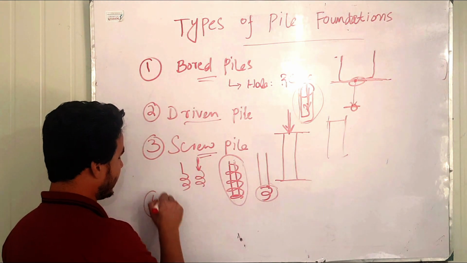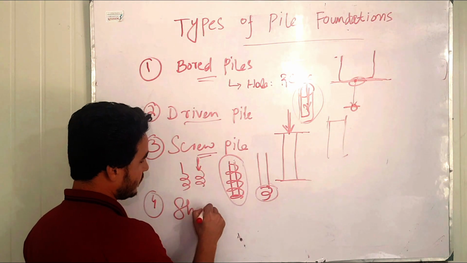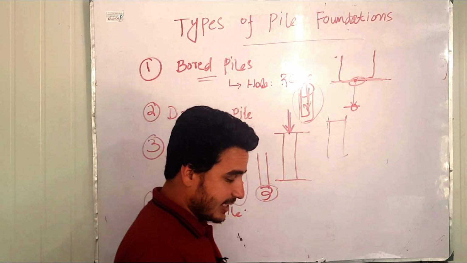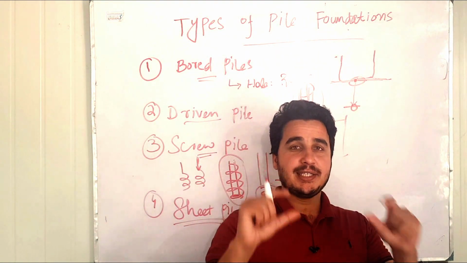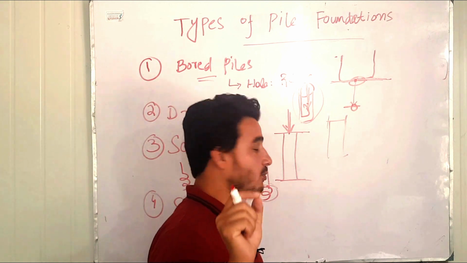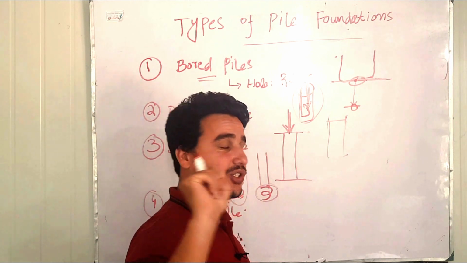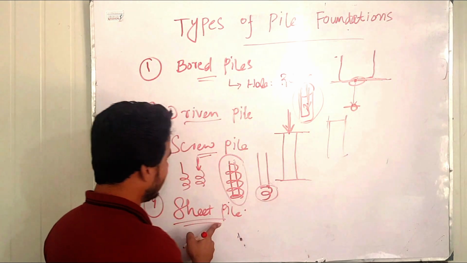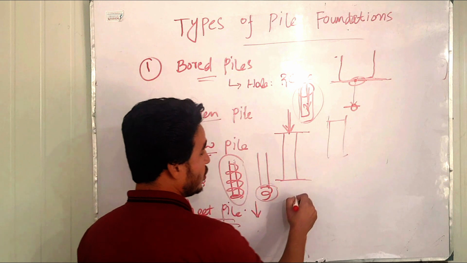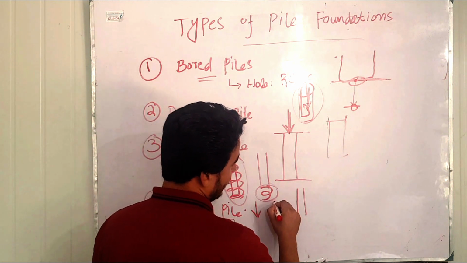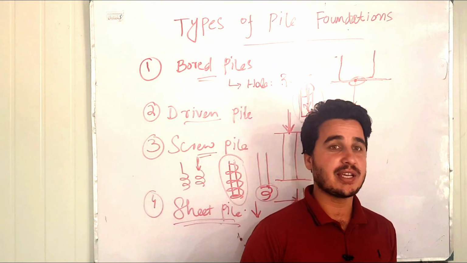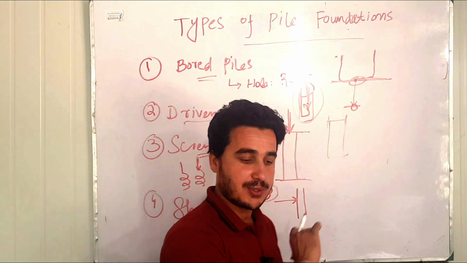The number fourth is the sheet pile. Sheet pile is actually a combination of interlocking galvanized sheets. Just keep this in your mind, interlocking galvanized sheets. This is not a load bearing pile from the top. Instead, it is a type of pile that takes load from the side, and it is normally used in shoring, or if you are making a building and there is a chance of the sides collapsing.